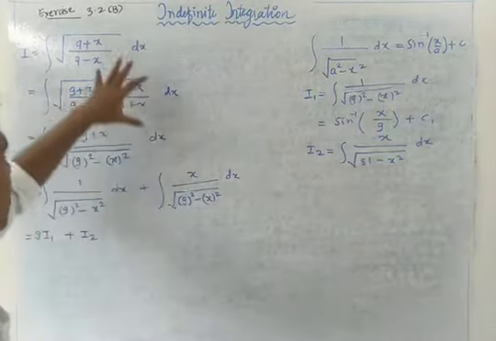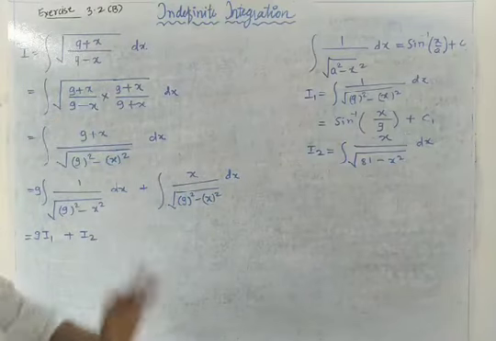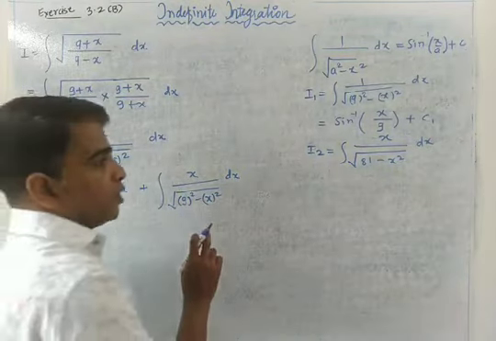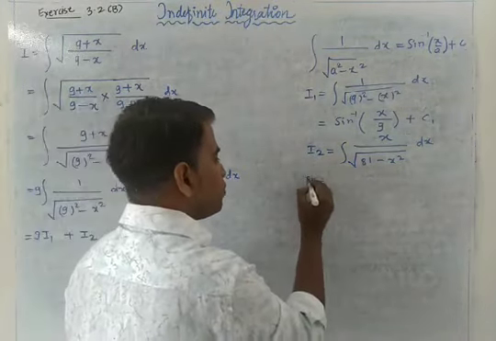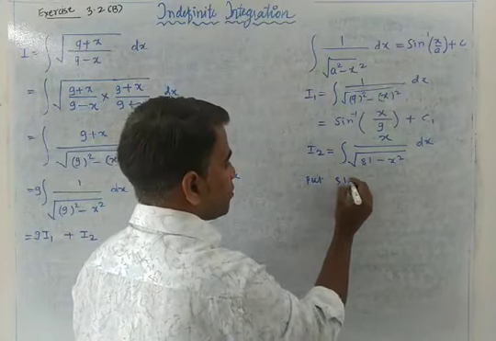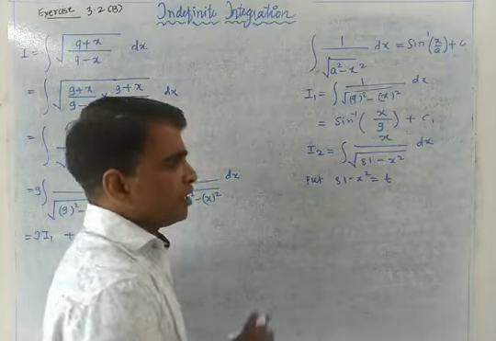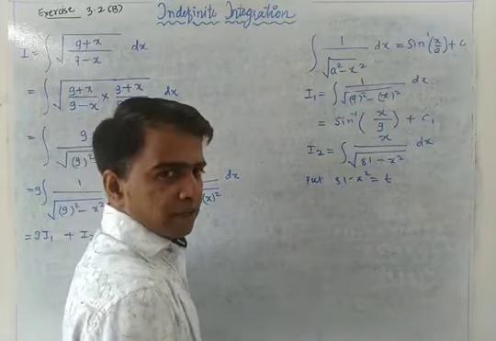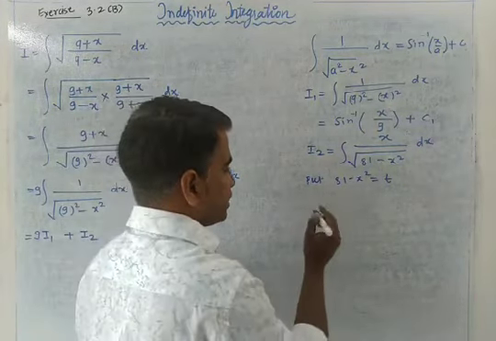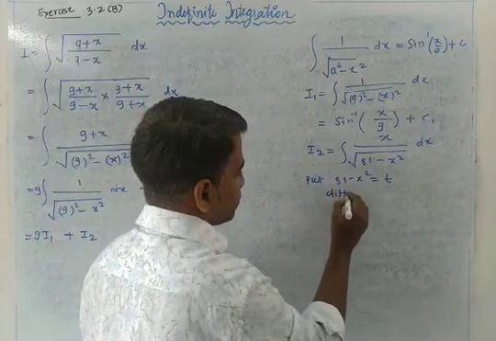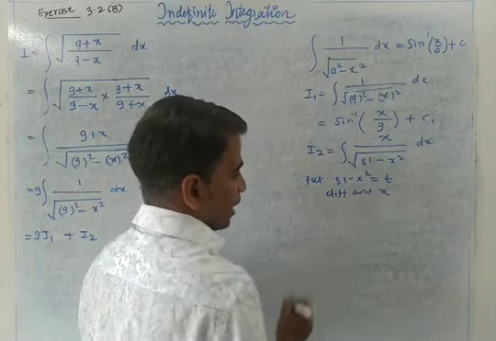In all such types of questions, follow the same procedure for I2. What is the procedure? Put 81 minus x square equal to t. Put it as it is, don't worry about the solution. 100% it will simplify. Check it. Now differentiate with respect to x.